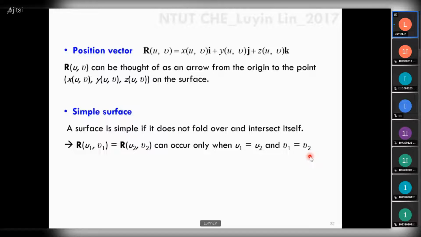So the surface does not fold over or intersect itself. That means a simple surface, very similar to a simple curve. So now you only see u and v instead of t.